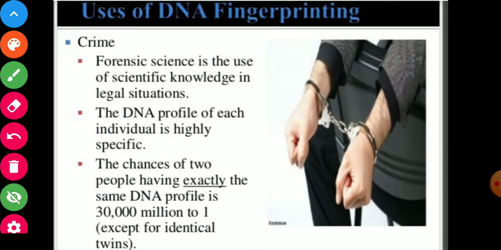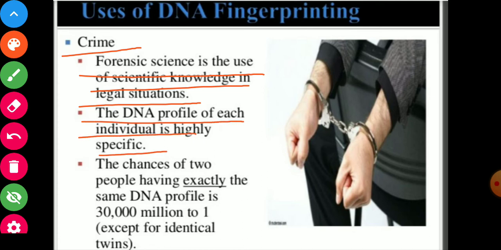DNA fingerprinting is also used to solve criminal cases. Forensic science is the use of scientific knowledge in legal situations. The DNA profile of each individual is highly specific, as each individual has a different pattern of DNA fingerprinting.